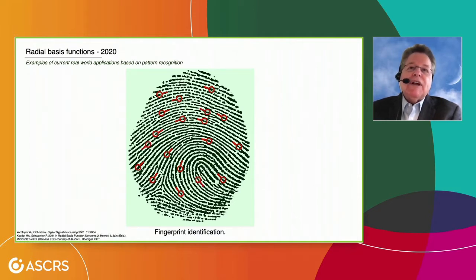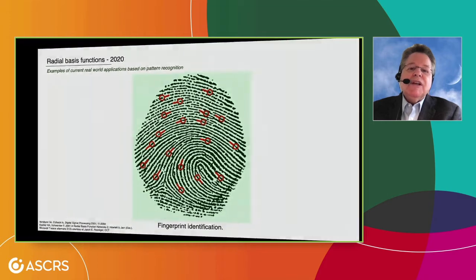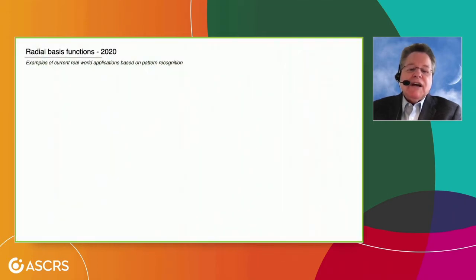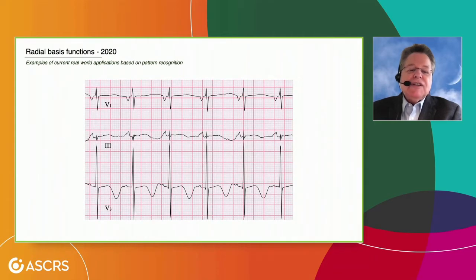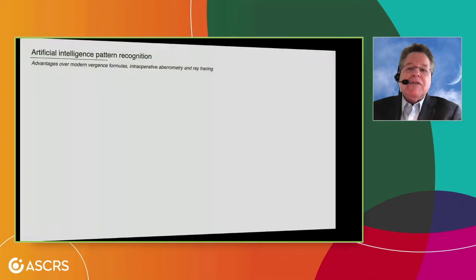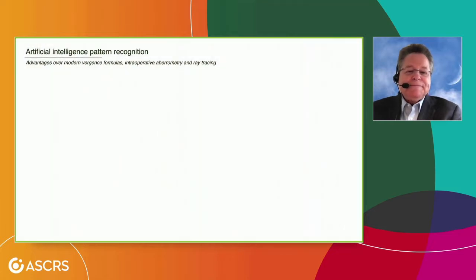And fingerprint recognition by artificial intelligence has pretty much become a standard. And again, on your iPhone or smartphone, this is another tool for recognizing who you are. And what's an EKG? An EKG is nothing more than a pattern, and this is a pattern called T-wave alternans, where it can indicate a potential for a fatal cardiac arrhythmia. So EKG machines now are using this technology, and they're getting it right, probably even better than cardiologists.